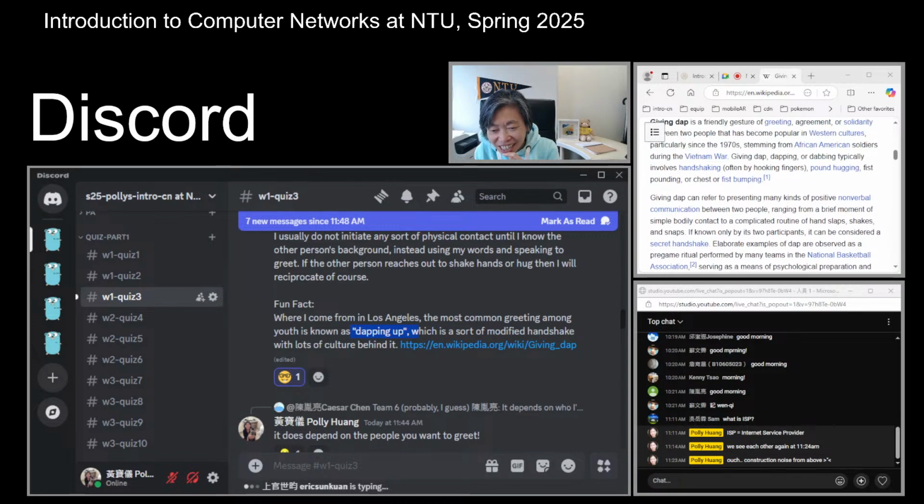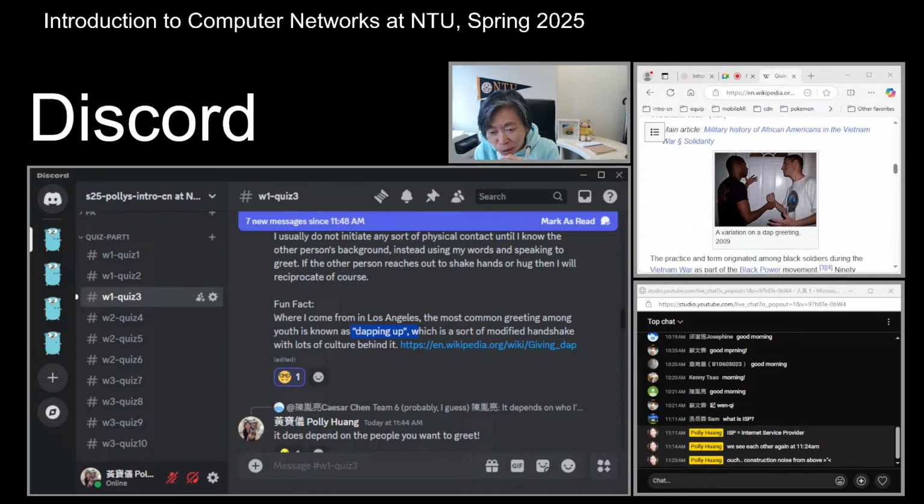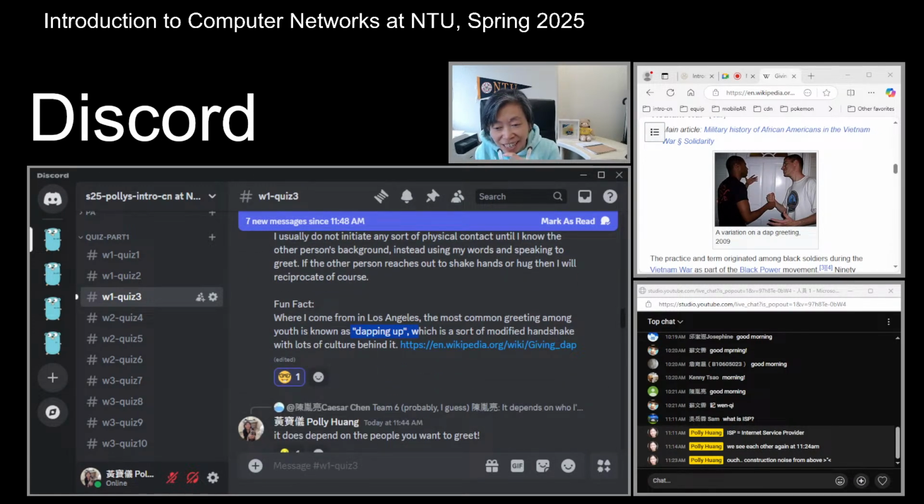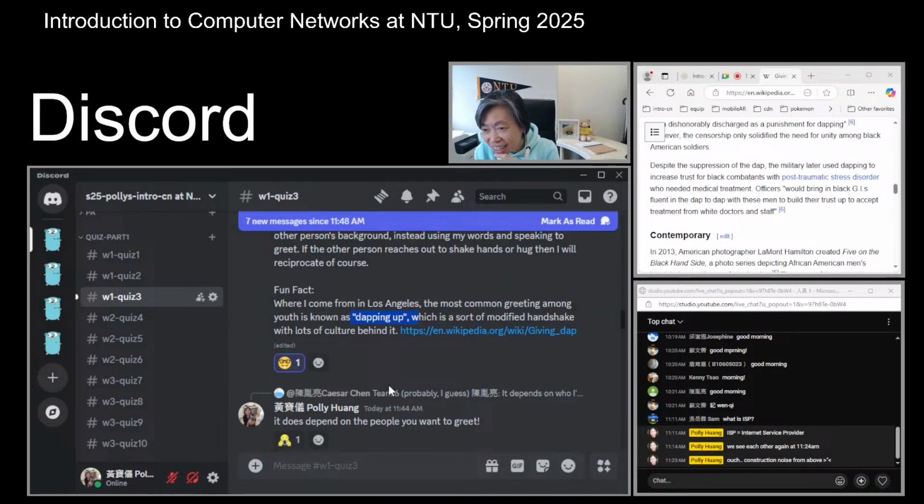I guess it's a little bit like fist bumping, but more complicated than that. There are probably a variety of dabbing. So it'd be nice if Hassan, you can demonstrate exactly how it's done.